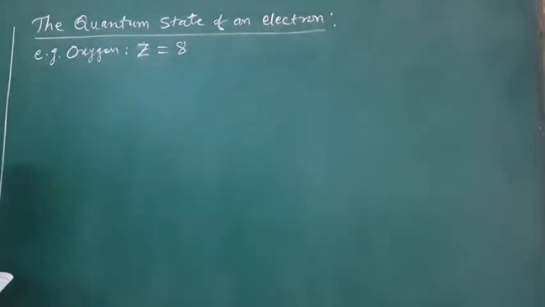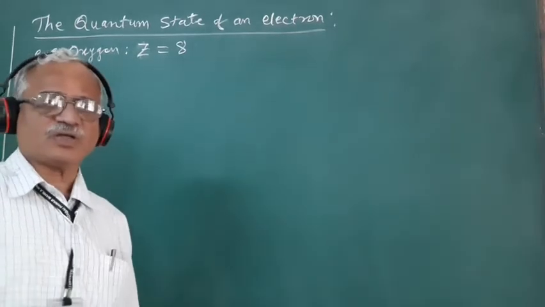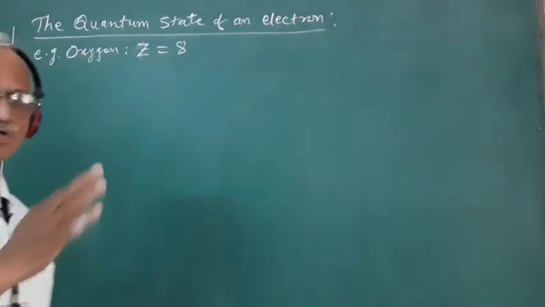Let us try to write down the values of these four quantum numbers for every electron belonging to oxygen.